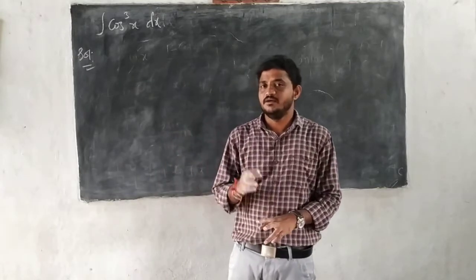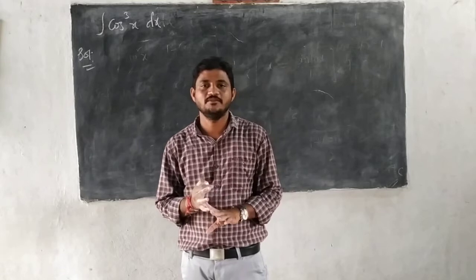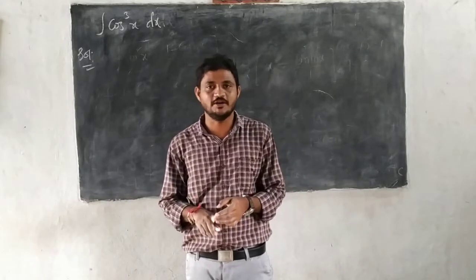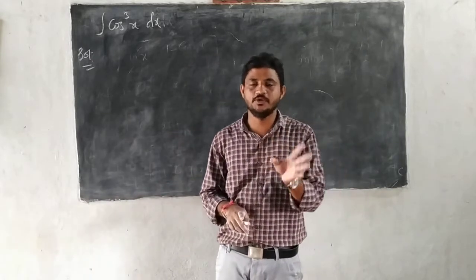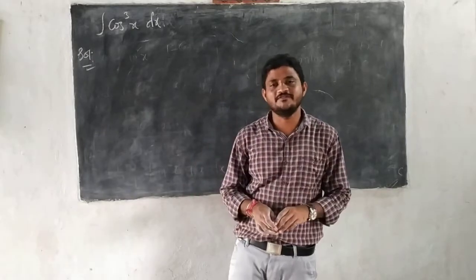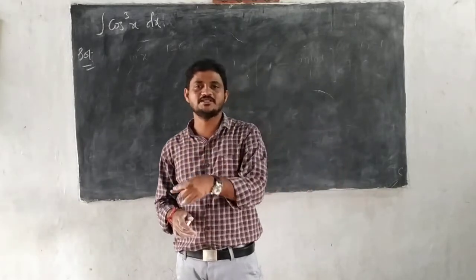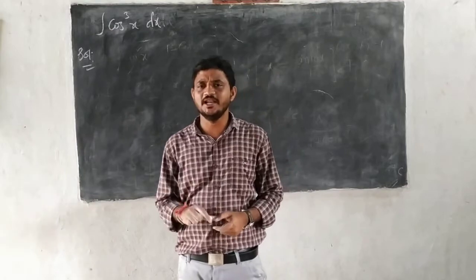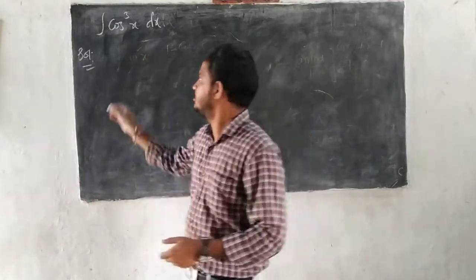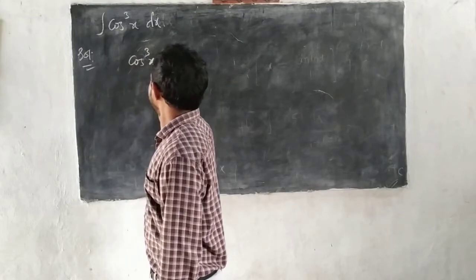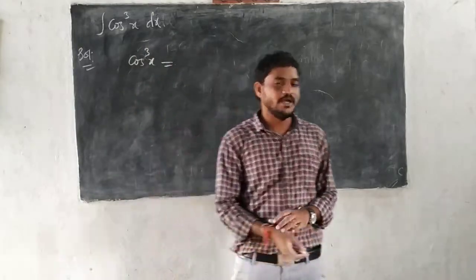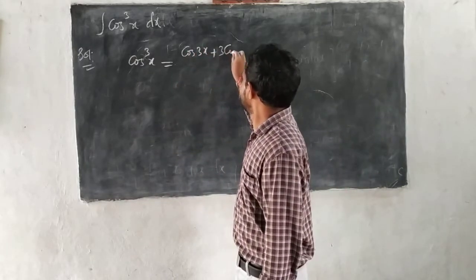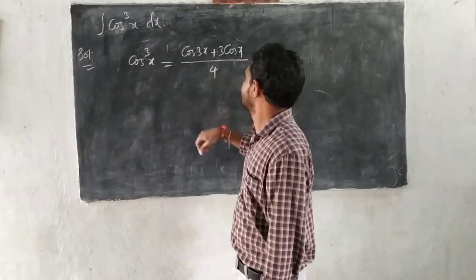But we have formula for cos x and sin x only. We don't have formula for cos square, sin square, or cos cube or sin cube also. Those standard formulas we don't have. But by using trigonometric formulas, we can write cos square x as 1 plus cos 2x by 2, sin square x as 1 minus cos 2x by 2. Similarly, how can we write cos cube x? By using trigonometry, that is cos 3x plus 3 cos x by 4.